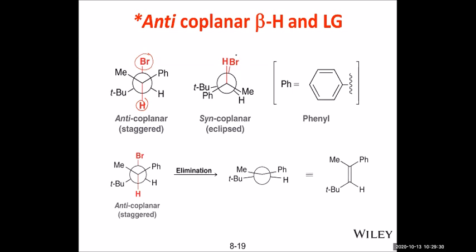Okay, we find that this coplanar situation is actually not the moment when the reaction takes place. When you have this alignment, elimination will not take place. Only in the anti situation, the base will take away the hydrogen, and at the same time the bromine will leave, and you form the alkene.